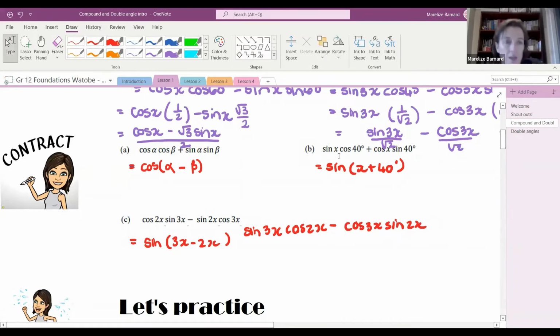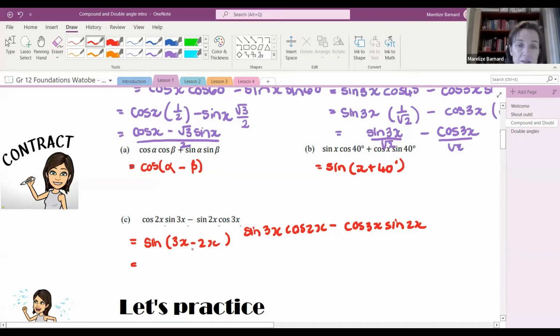Okay, so that's it, guys. So that's the first little glitch you can hit sometimes, is that you have to look so carefully, because sometimes they just change something around, which makes it look like one of the other identities. So make sure that you check very carefully which one it is, and that you follow the pattern correctly.